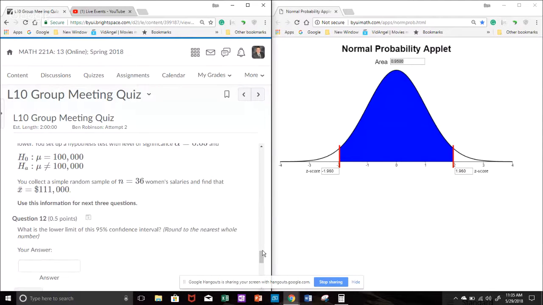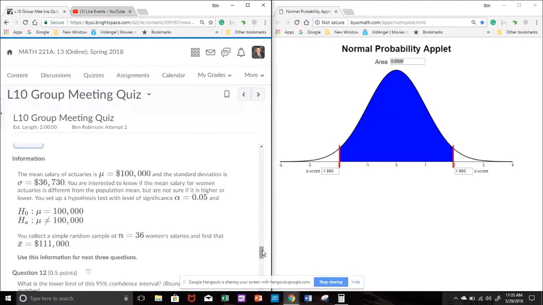What is the lower limit of the 95% confidence interval? Okay, so we have to use our formula, right? It says sample mean minus or plus z times the standard deviation divided by the square root of n.